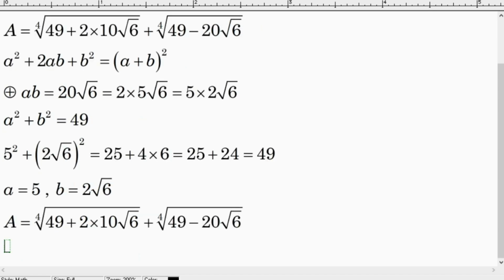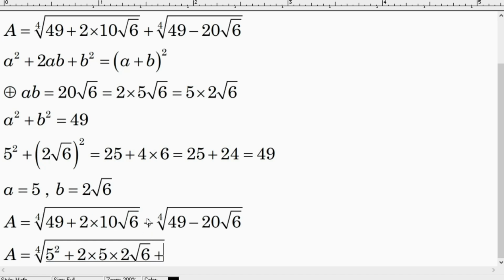So it is the fourth root of 5 square, plus 2ab, which is times a equal to 5 and times b equal to 2 square root of 6. Here 2 times 10 is 2 times 5 times 2, and 5 times 2 is equal to 10, which is the same here and here. Then we need to add b square, that means 2 square root of 6 squared.